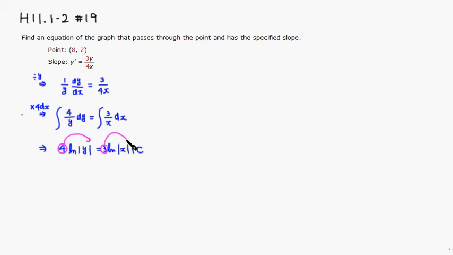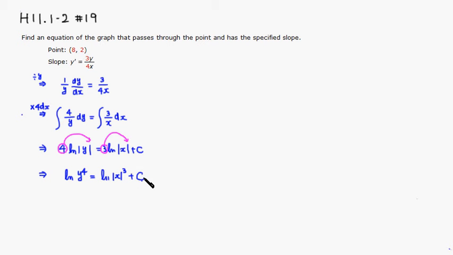We can put 3 as a power here. So this can be written as natural log of y to the 4th power, which is equal to natural log of absolute value of x to the 3rd power, plus some constant c. You can put absolute value here, but it's raised to the 4th, so it doesn't really matter.